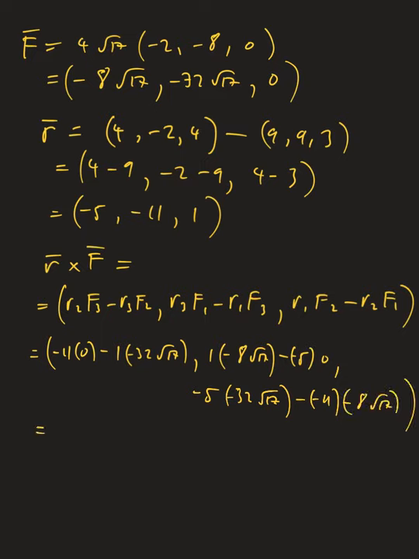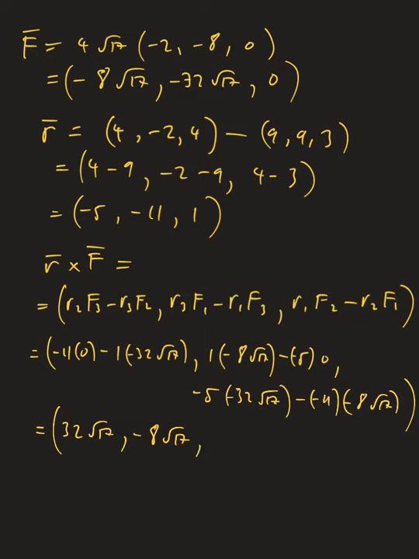So now I'll work all this out. My first component, minus 11 times 0 is 0, and I come out with 32 times root 17. My second component is going to be minus 8 root 17 plus 5 times 0, so it just comes out to be minus 8 times root 17.